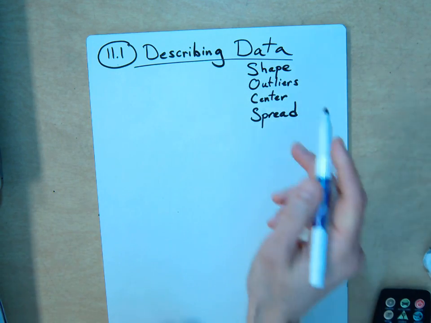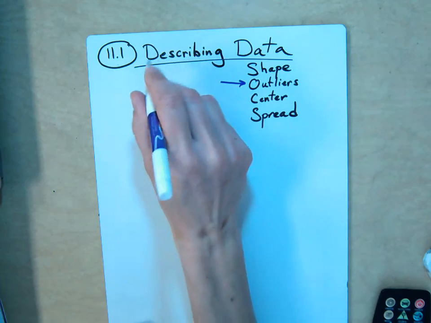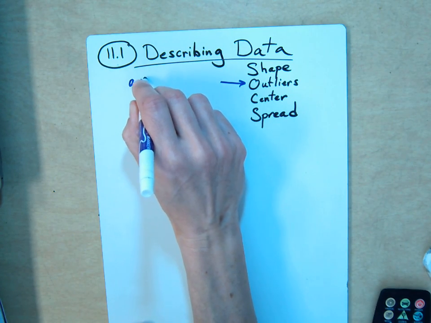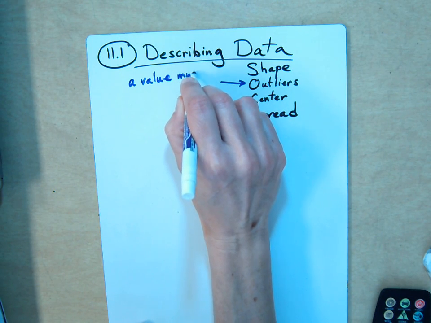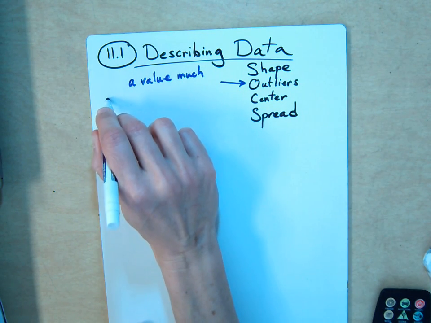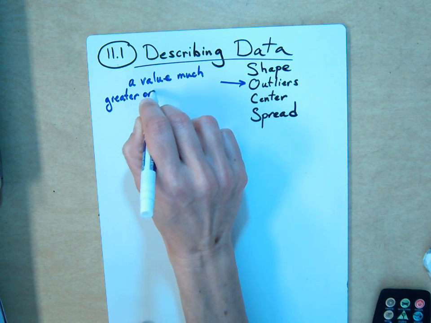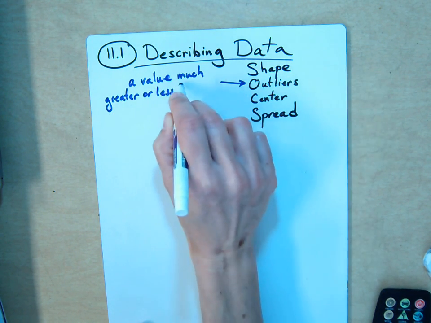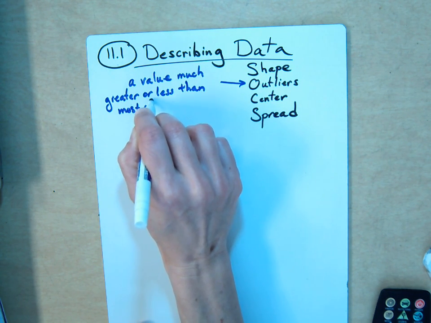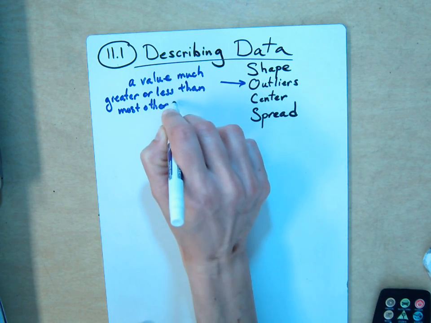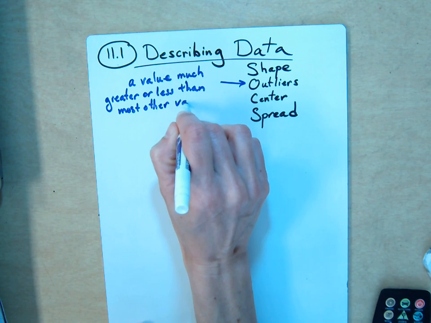So let me write what an outlier is. An outlier would be a value much greater or less than most other values.